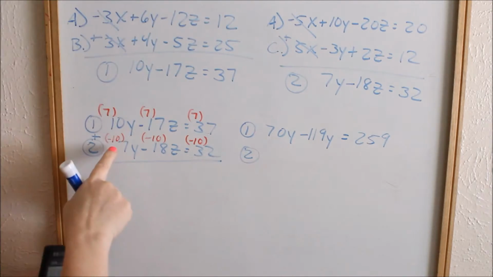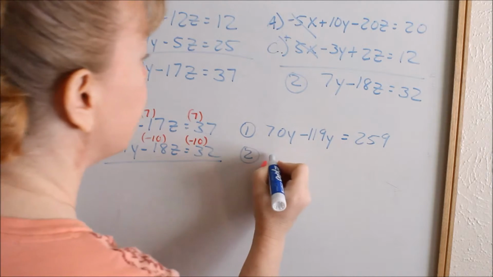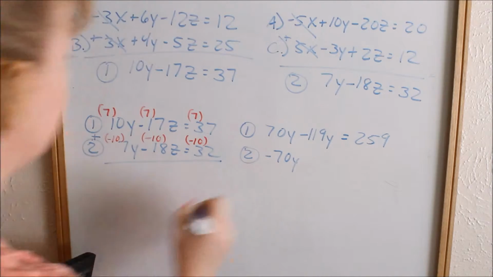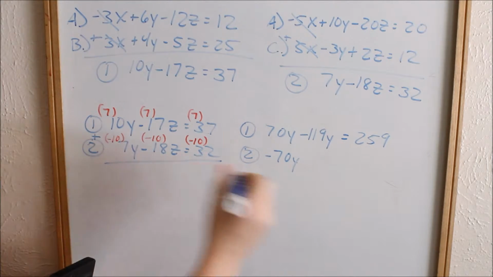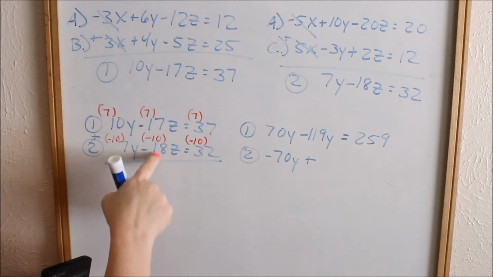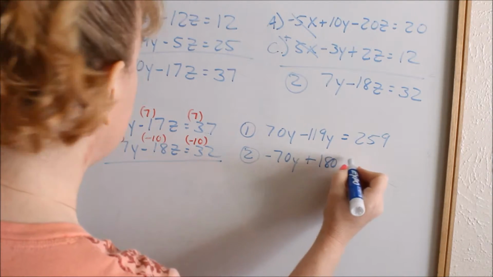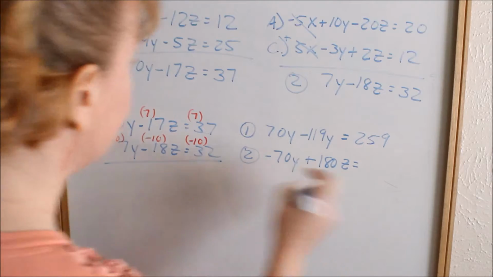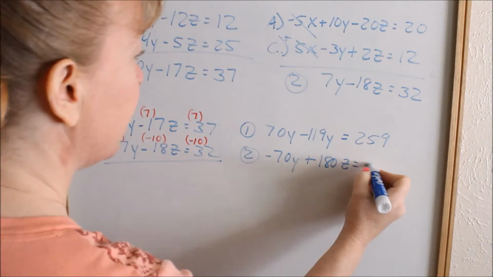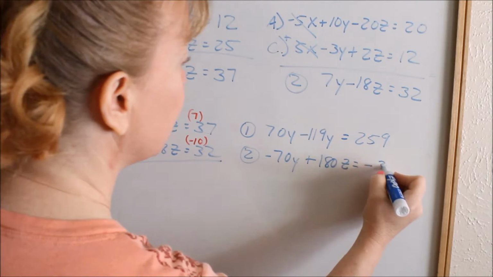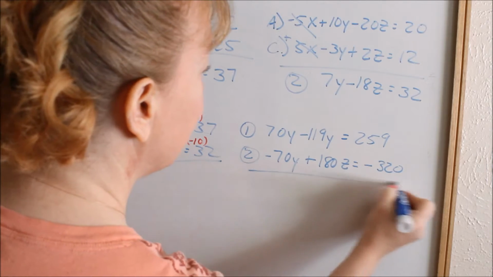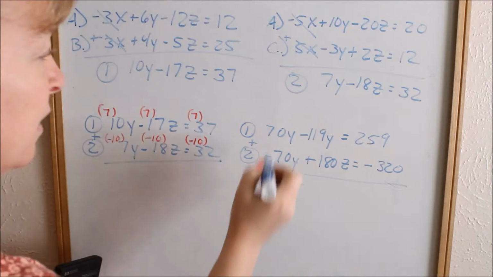Equation 2, negative 10 times 7y, negative 70y. Negative times a negative is a positive. 10 times 18, 180z. Negative times a positive is a negative. 10 times 32, 320. Now I can add these two equations together.